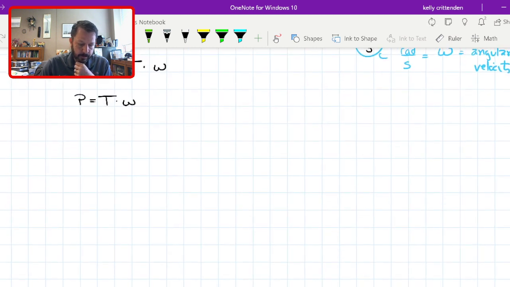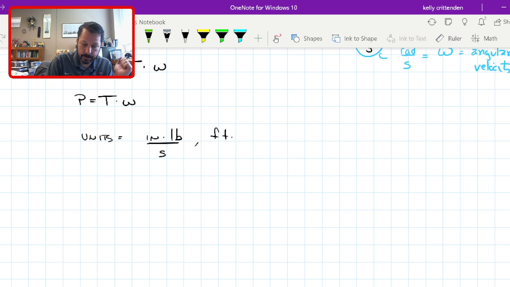So the units in that will be, torque will be something like inch-pounds, omega radians per second. So I'll get units that are something like inch-pound per second, or maybe foot-pound per second. You might get Newton-meter per second.